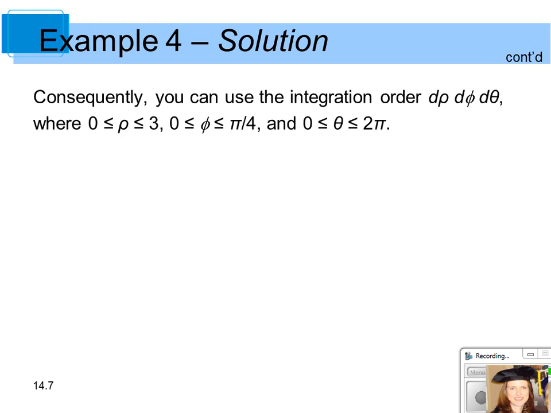And then you can use the integration order d rho, d phi, d theta, where the bounds for rho go from 0 to 3.